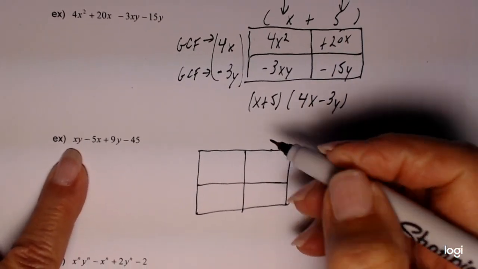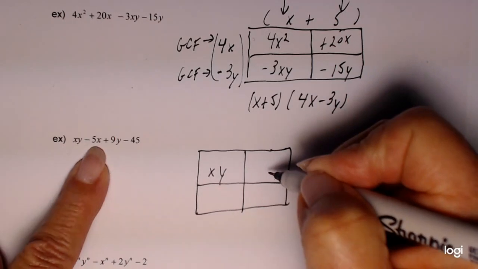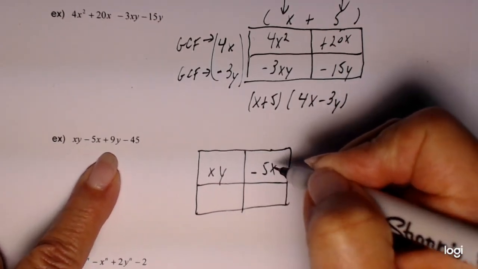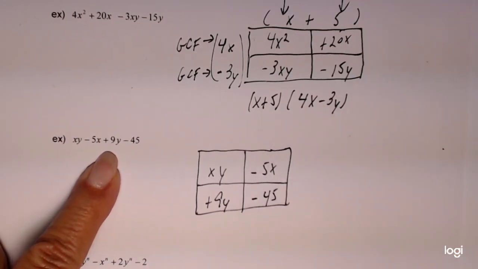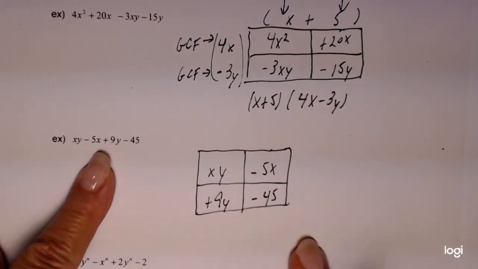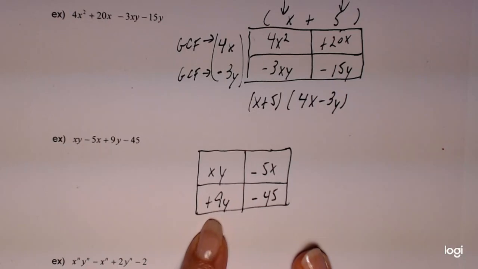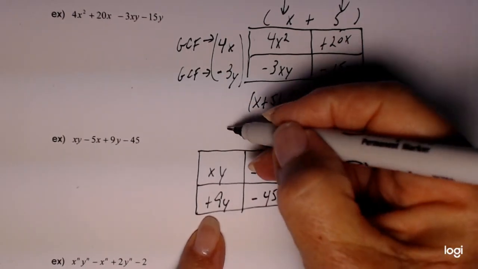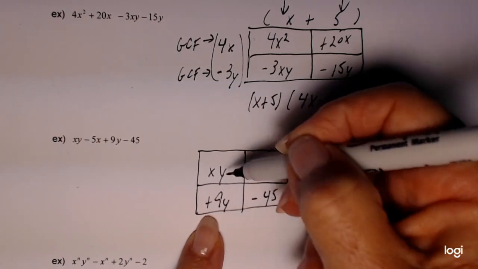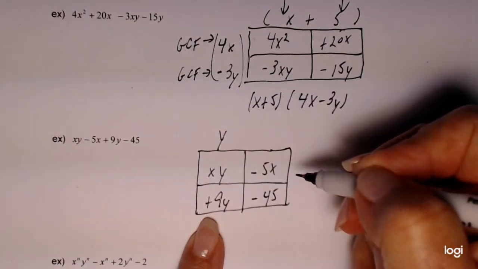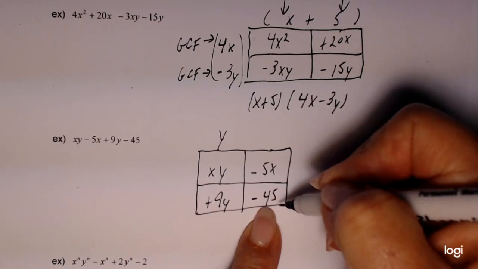So starting here, xy minus 5x plus 9y minus 45. So we have our 4 terms in the boxes. Now we're going to find the greatest common factor going down. xy, 9y, what's in common is y. 5x, 45.